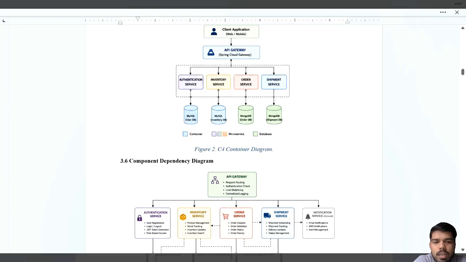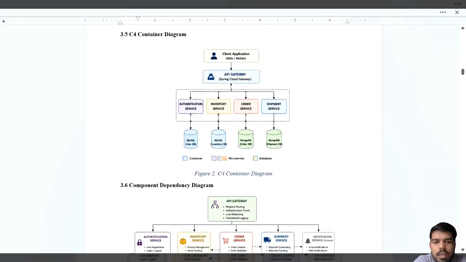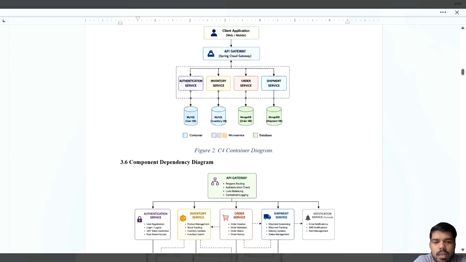The authentication and inventory services use MySQL because they require structured and relational data. Order and shipment services use MongoDB because they handle flexible document-based data, and the architecture supports the independent development and scaling of it.